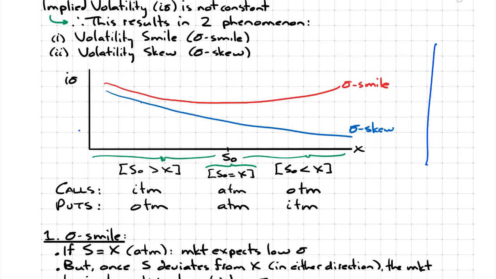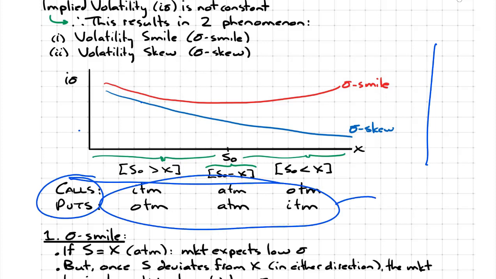Back to our original framework. All these options, see these options right here? All of these options are written on the same underlying asset. So whose volatility are we looking at? The volatility of the underlying asset.